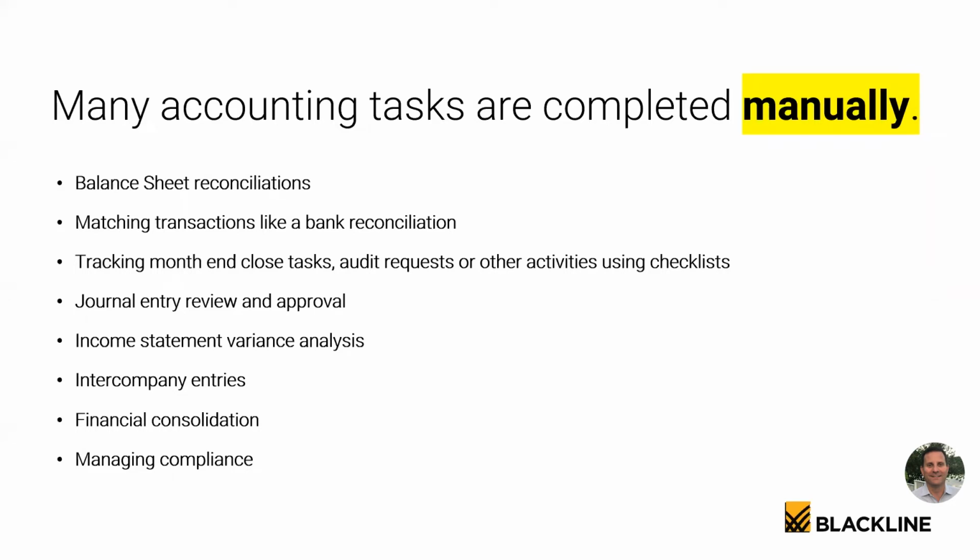But even with all its great features, it still has limitations. You still have to manually key in amounts and make sure formulas don't break. You've got to make sure your amounts always tie back to the general ledger. And maybe most importantly, with Excel, tasks can still take a very long time to complete. So for most organizations, we find continuing to complete accounting tasks manually in Excel just isn't sustainable.